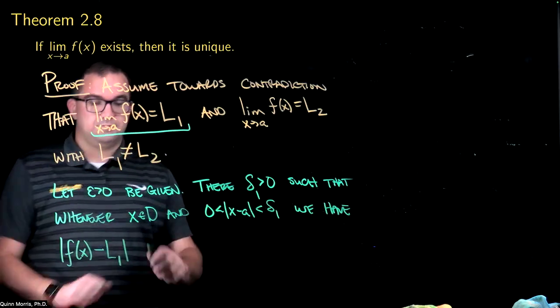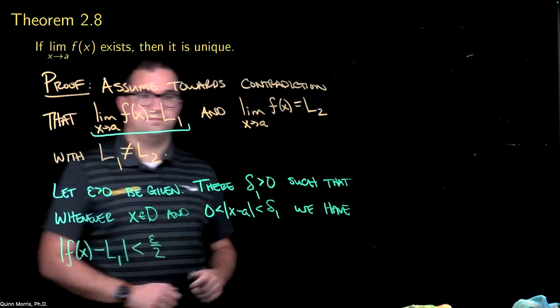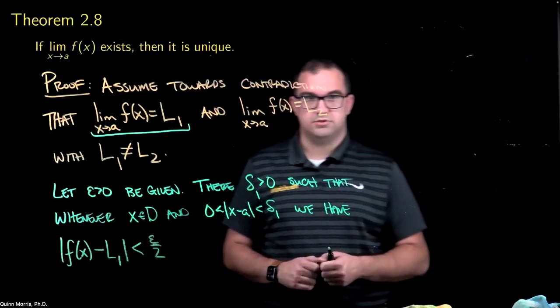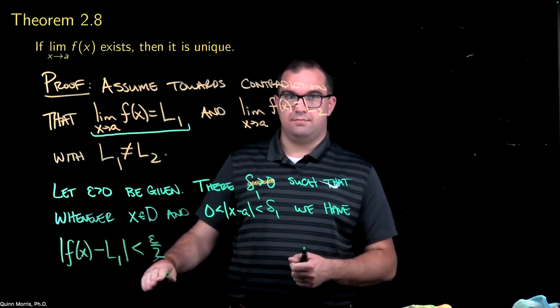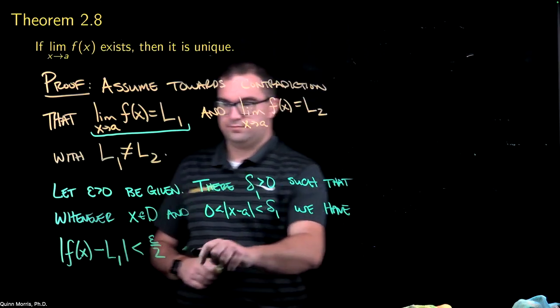I'm not going to make it less than epsilon over here. I'm actually going to make it less than epsilon over 2. For an arbitrary epsilon, I can make this as small as I want.